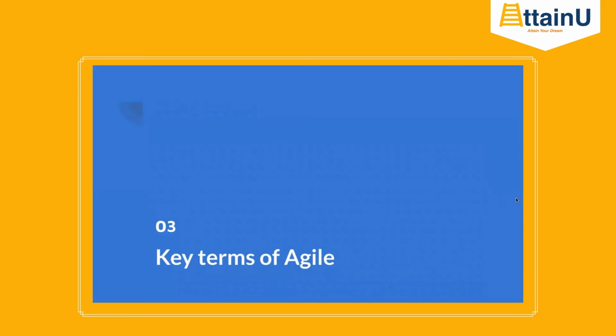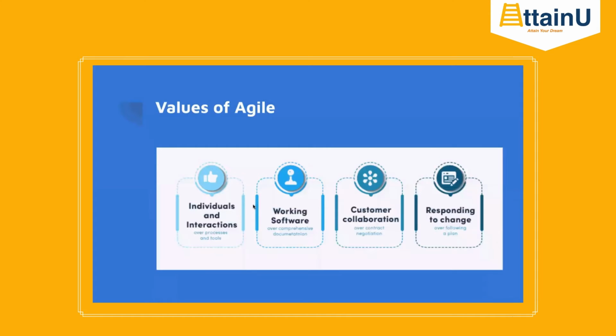Let's see what the key terms of Agile are. You focus on individuals and their interactions. You focus on working software first, then the documentation, right? You have customer collaboration. So whenever you deploy a feature, you get the customer feedback, and then you check, okay, this is not as per what they wanted.